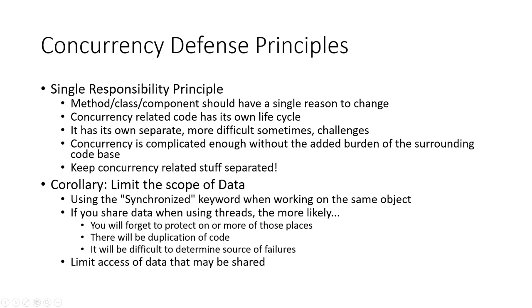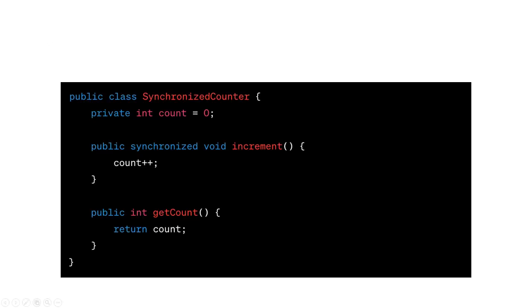All that is true, but if you share data when using threads, make sure to utilize this synchronized keyword, which essentially is going to tell your code, hey, this thread that is running this method needs to start and finish before another thread runs this method.